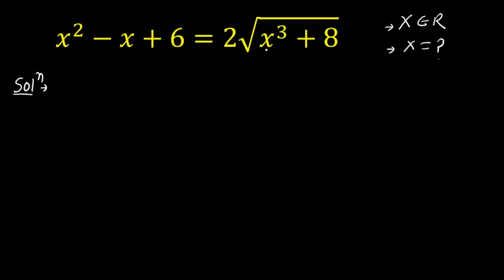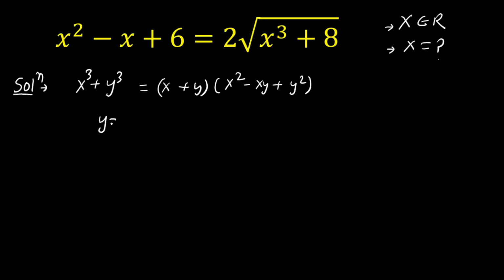Inside the radical expression we have x³ + 8. We know the algebraic identity x³ + y³ = (x + y)(x² − xy + y²).